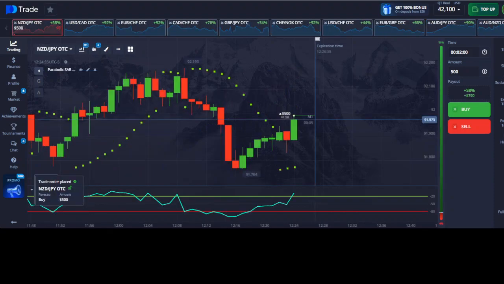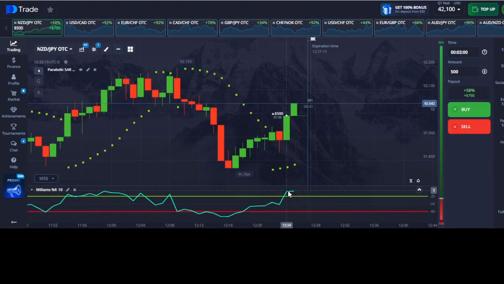I'm on the New Zealand dollar Japanese yen currency pair, and I just took a buy trade. The reason I took the buy trade is, first of all, you notice the Williams %R line crossed over the 20, the green 20 line, in an upward direction.